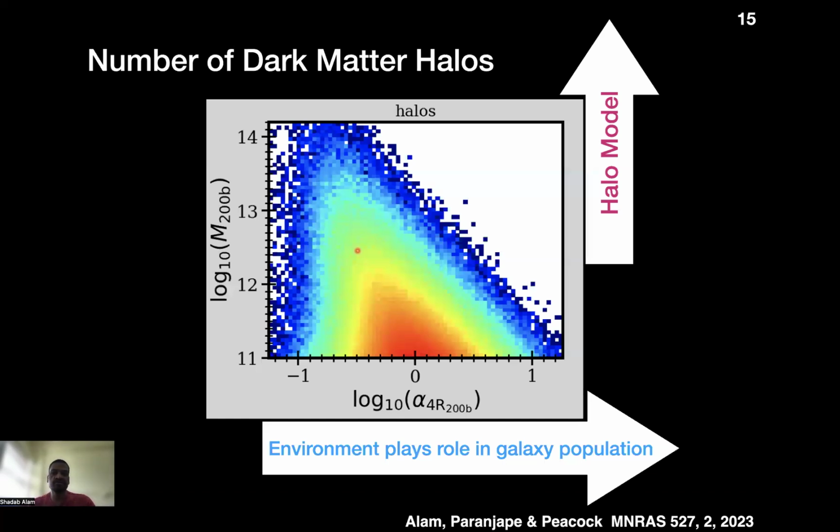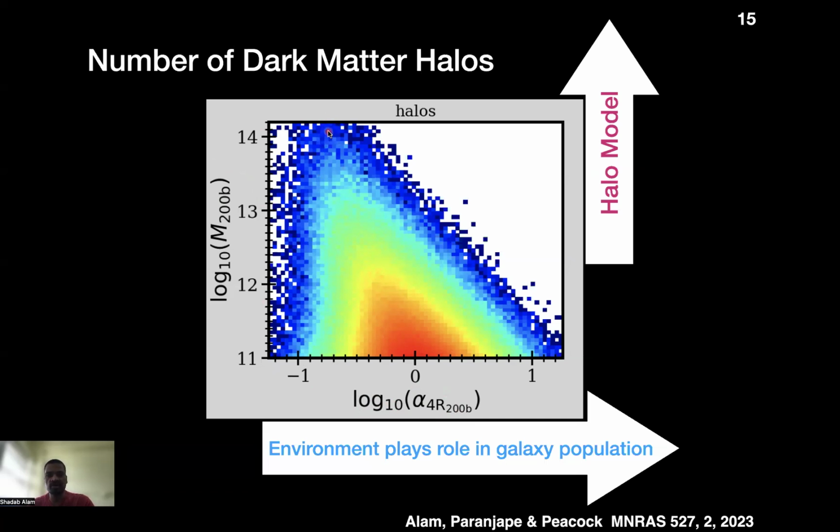Before I go into this example, let me show you this very simple plot from simulation, showing the distribution of halo mass as a function of mass of the halo, and again tidal anisotropy, the quantity I already described. What you find is that at the massive end, when the halos are very massive, they essentially control their environment, and they're mostly in a tidally isotropic environment because they're the dominant thing.